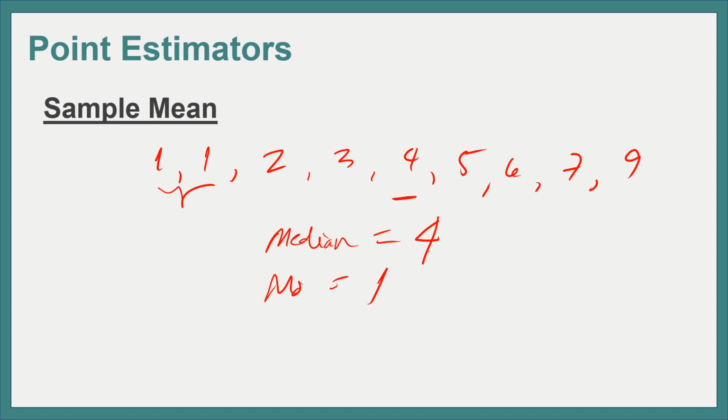So this median is just the median of this sample, wherein our n is equal to 9. So this mode is the mode of this sample, where our sample size is equal to 9.